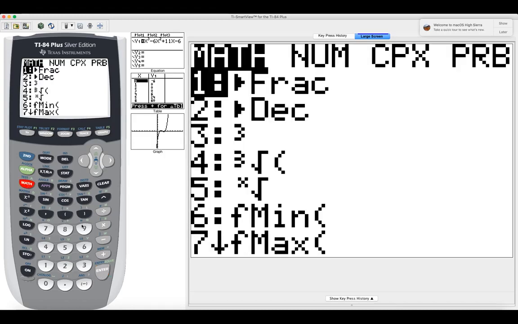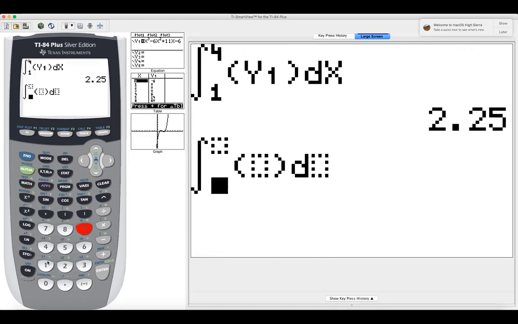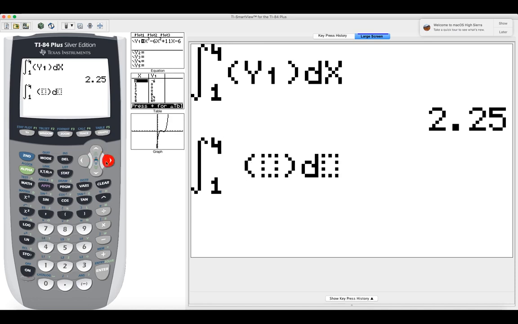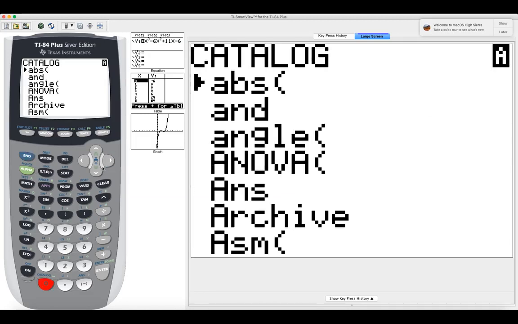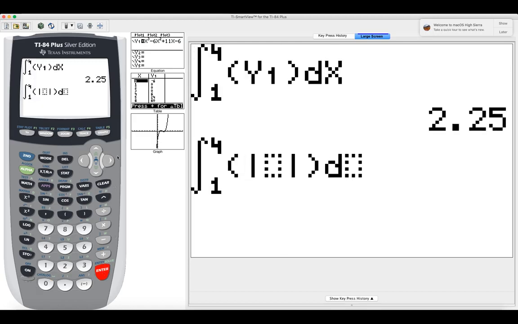And I'll do that again, math 9. I'm going to go from 1 to 4, but this time I'm going to put it in absolute value. Fastest way for me to define absolute value is to go catalog. There's other ways you could do it, but catalog right now, ABS, absolute value, is the first one.